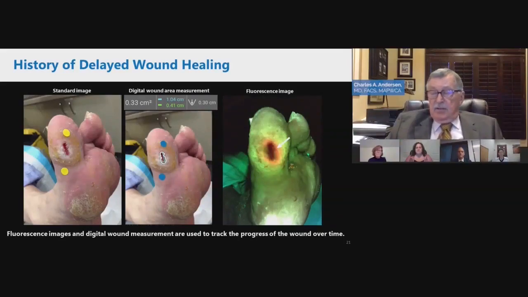So here you see fluorescence not only in the base of the wound, but around that wound. We would start with an antibacterial dressing, but many times where the fluorescence extends out in an irregular pattern outside of the wound, we will also add systemic antibiotics. So it gives you a lot of information on why this wound had delayed healing.